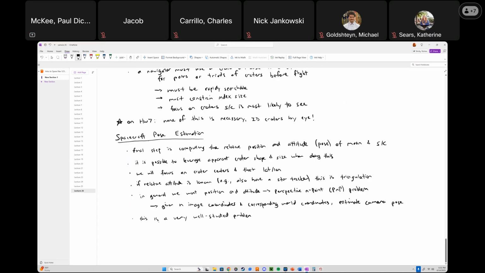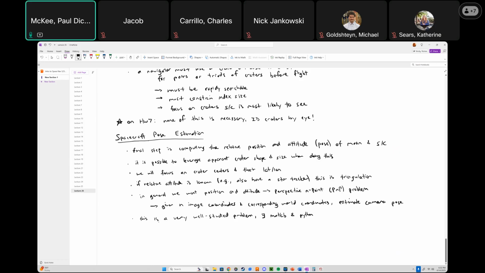Yes, Nick. You said before that there was no image processing on homework 7. How are we able to do that if we need the image coordinates of the center of the crater? Oh, you just click on them. You just say, all right, I think it's that point. Just like with homework 6, right?